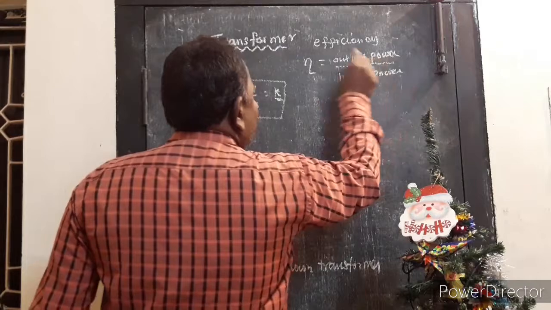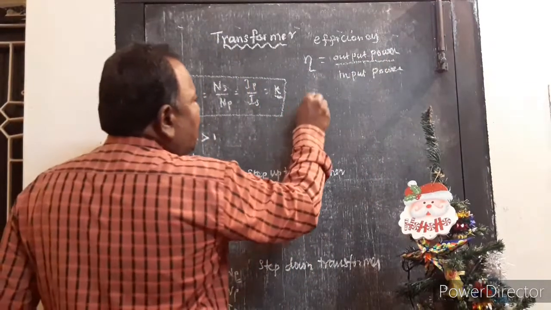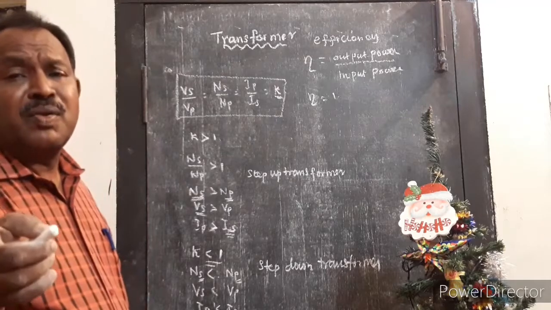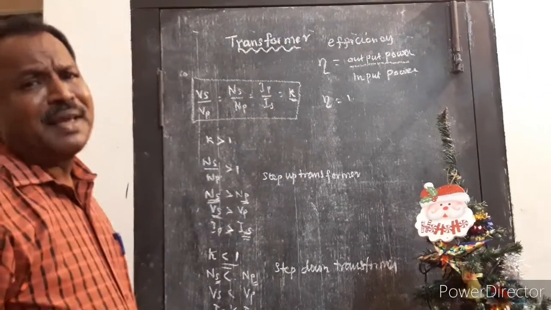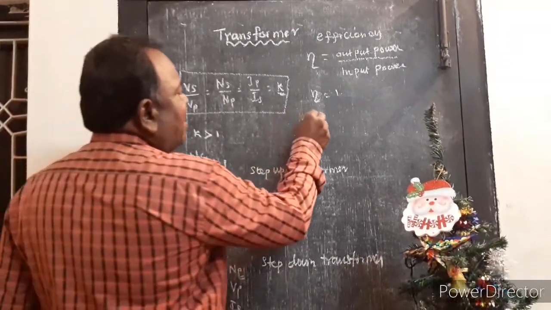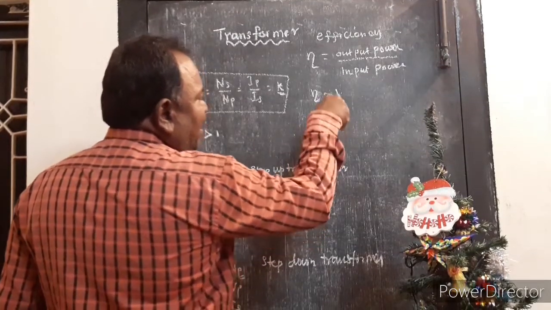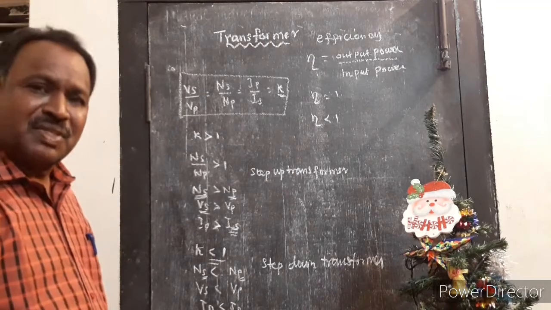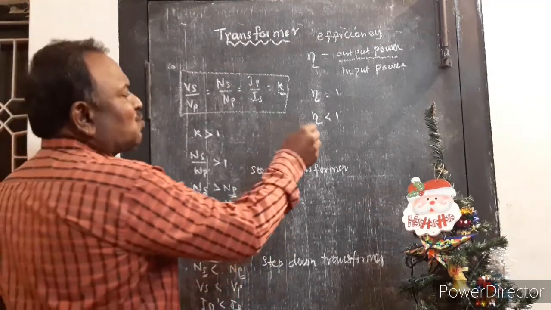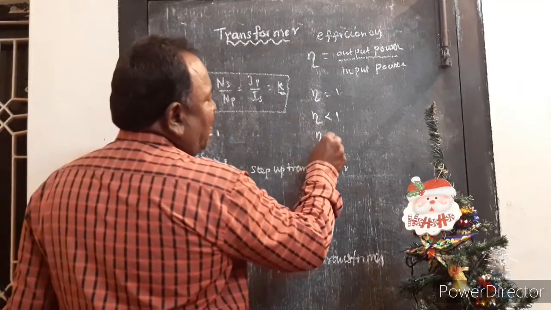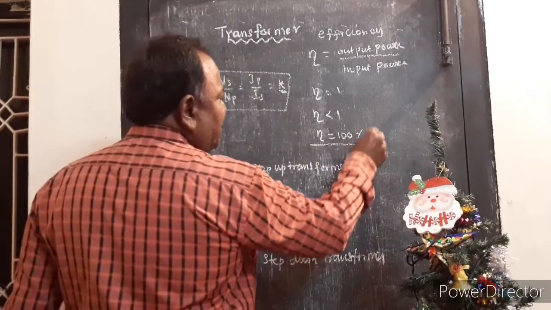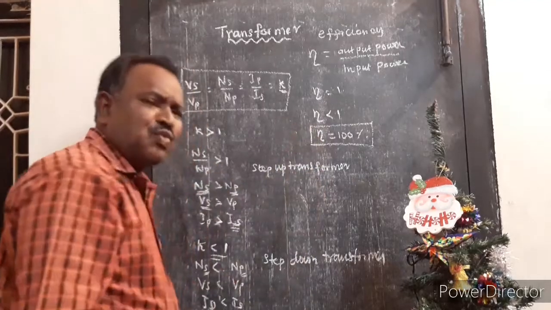If output power and input power are equal, then eta should be equal to 1. But I already told you that no transformer is ideal. So a real transformer will have eta always less than 1. No transformer has efficiency equal to 100%. 100% efficiency is not possible in a transformer.